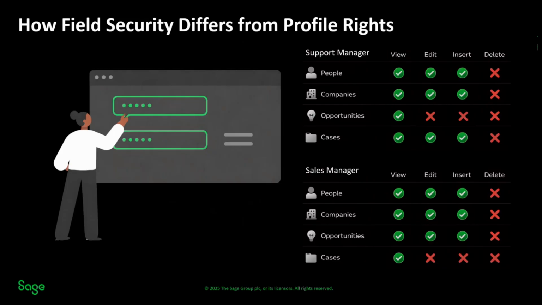So even if the user has update rights via the profile, if they don't have edit rights at the level of the field, then they will not be able to edit that field. So field level security overrides the profile update permissions at the level of the individual field. So that's important to understand, that that trumps or overrides at the level of the field.